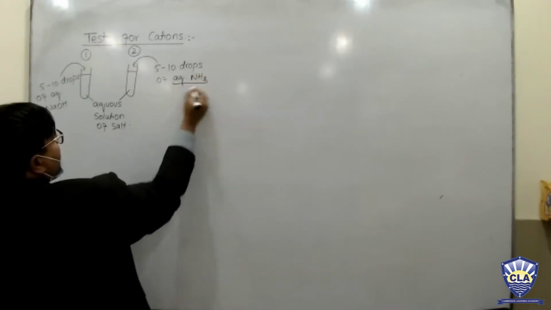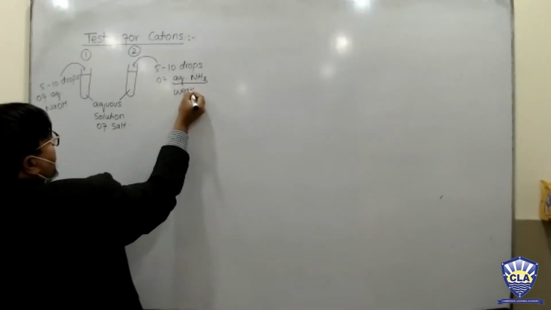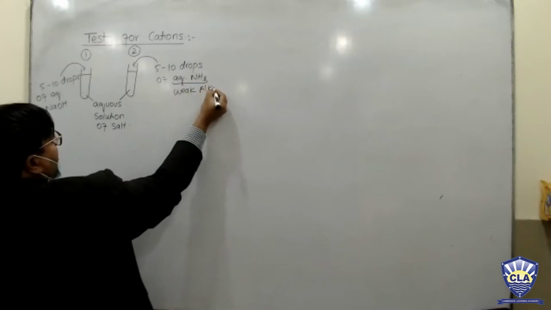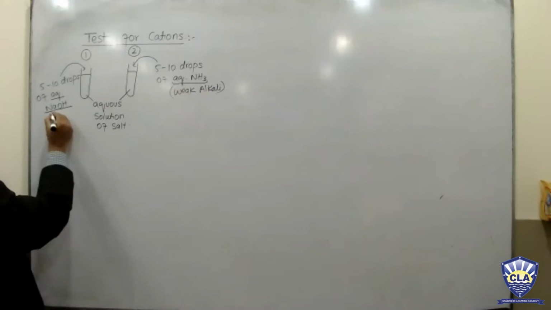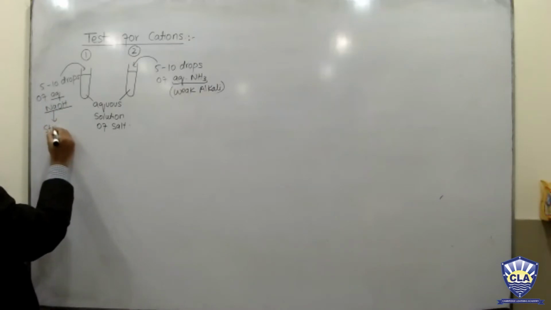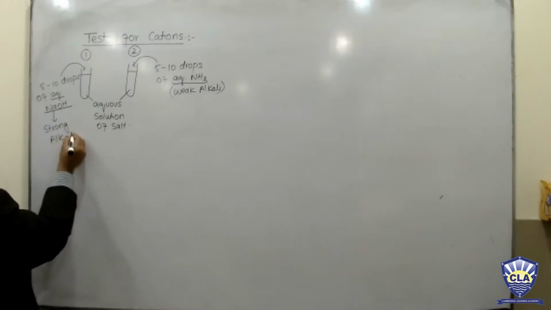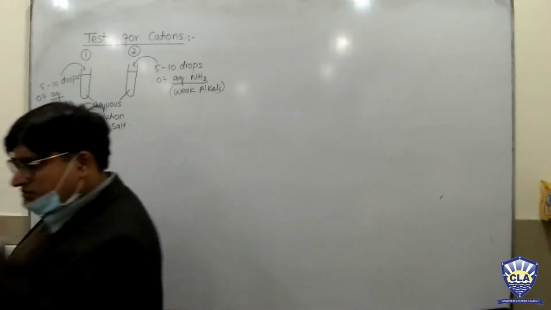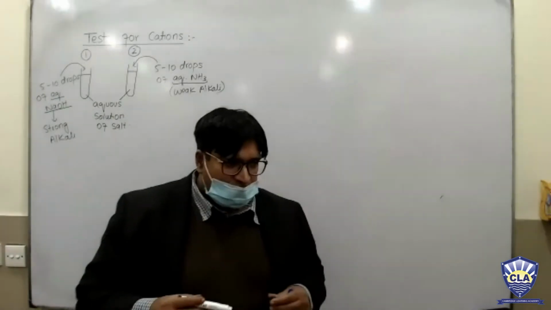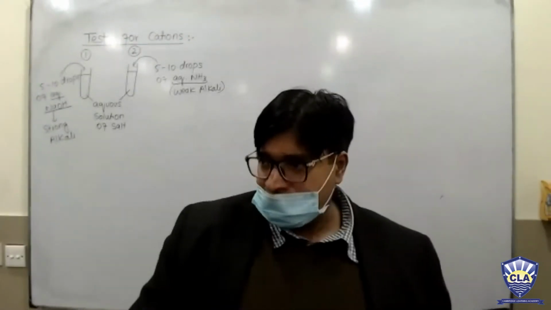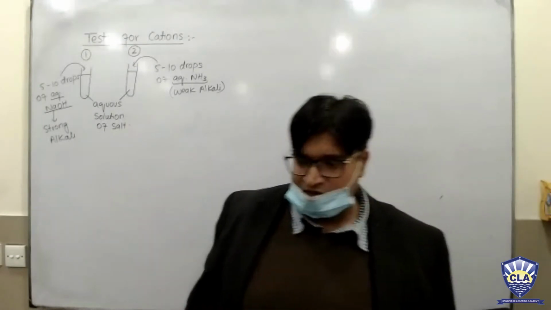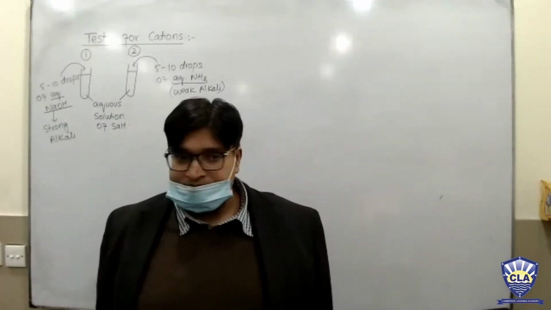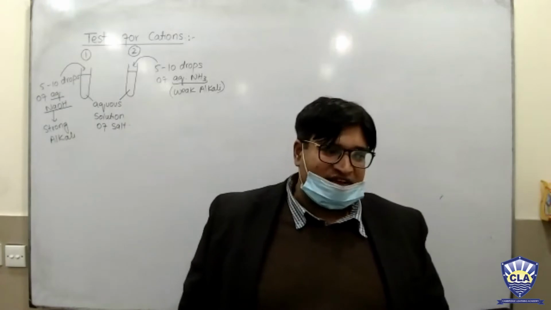Aqueous ammonia is a weak alkali, and aqueous sodium hydroxide is the strong alkali. Okay, so this is the last thing we have done. Now we are going to start with the next thing.